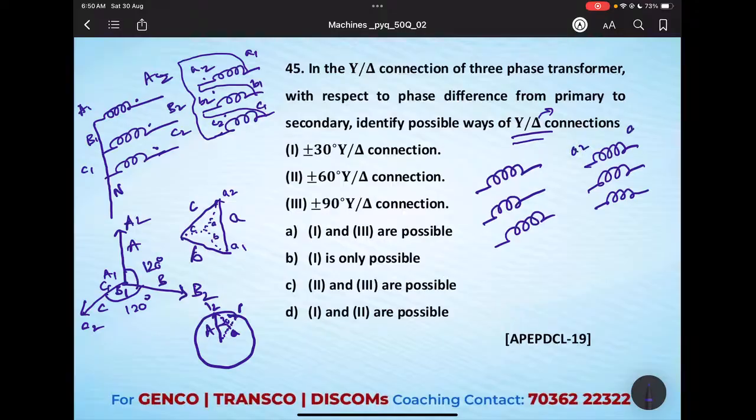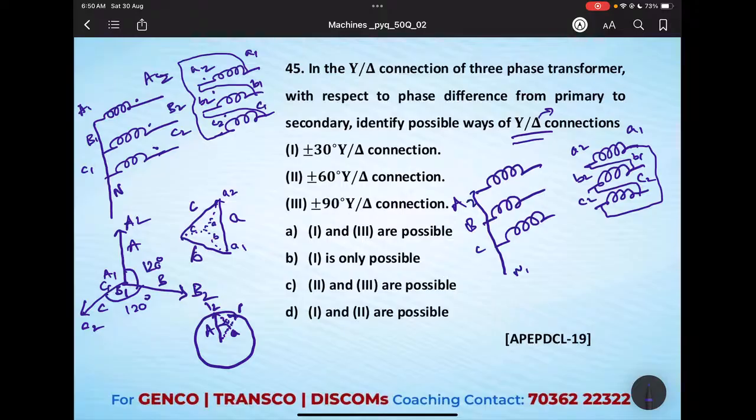A to A1, B to B1, C to C1. Okay, so now this A2 is going to be connected to B1, and this B2 is going to be connected to C2, and this one is connected to A1. This will be A, B, C, and this will be neutral.